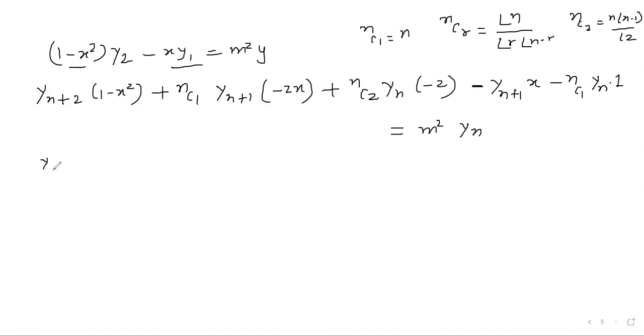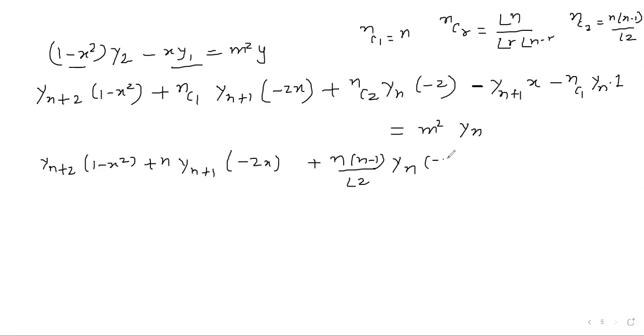So let's write yn plus 2 1 minus x square plus n times yn plus 1, and this is minus 2x plus this will become n into n minus 1 upon factorial 2 yn times minus 2 minus, we can take minus sign outside for this.